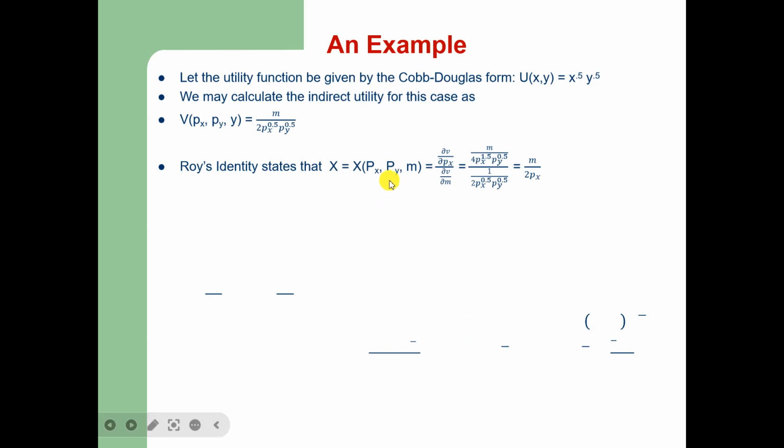We may remember that here in this function, this y is equal to m. So these y and m may be taken interchangeably. This is m, consumer fixed income, and this is also consumer fixed money income.